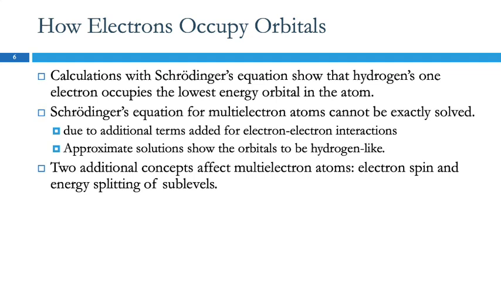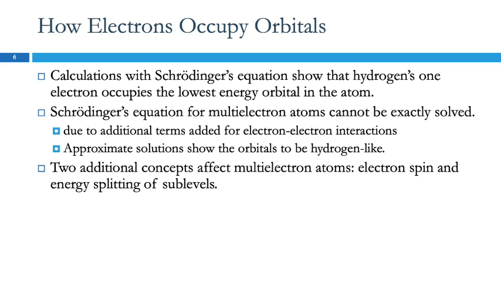You cannot exactly solve the Schrodinger equation anymore because you have to add terms that account for interactions between the electrons. So we only get approximate solutions, but those approximate solutions show the orbitals to be very similar to what was calculated for the hydrogen atom.